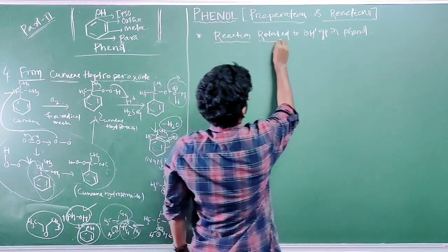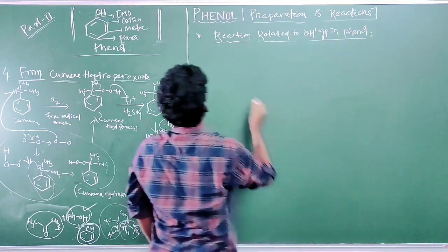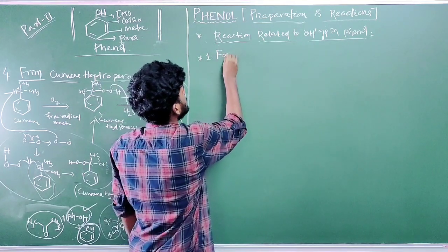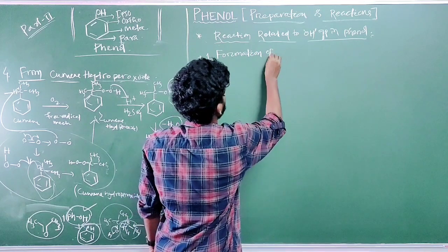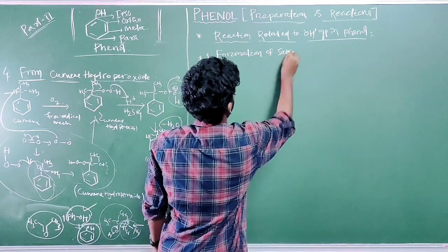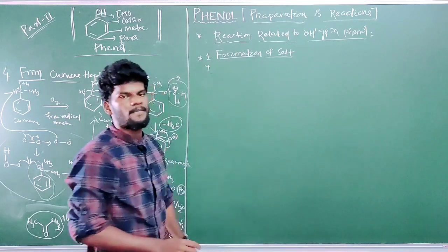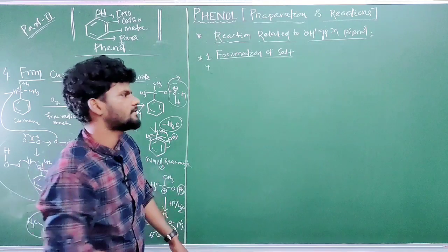Okay, so which reactions will the OH group give? So the first reaction, right? Formation of salt. Okay, so all of you know phenol is an acid. So if phenol reacts with a base, it will definitely form a salt.